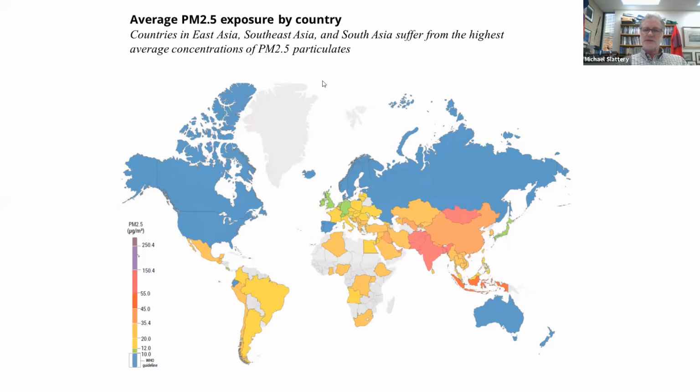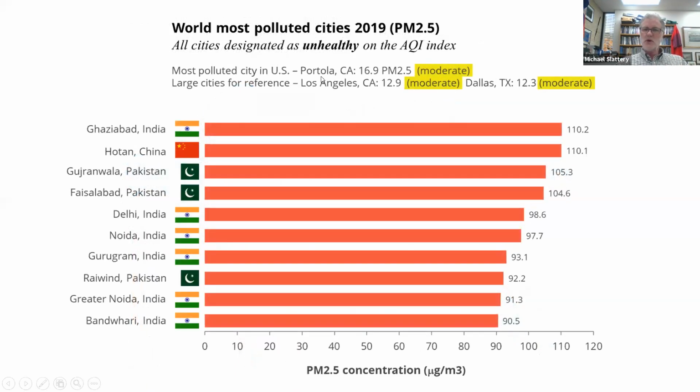I think what's quite interesting is when you look at the world's most polluted cities, not capital cities, but just cities. So these are cities that at the end of 2019 were the top 10, okay, in terms of particulate matter. And what I've done here on this plot is I've also put in US cities for reference.